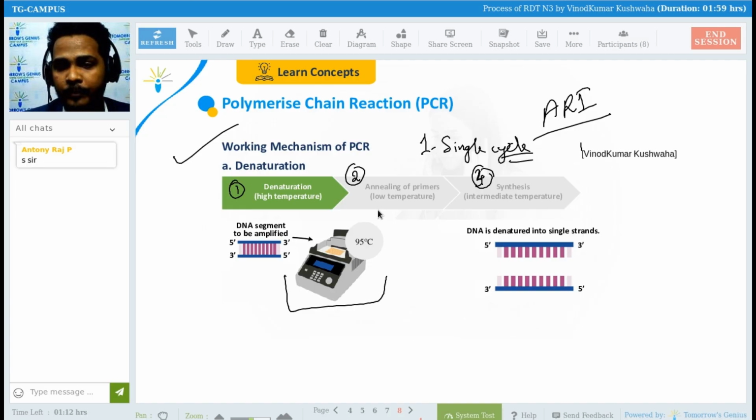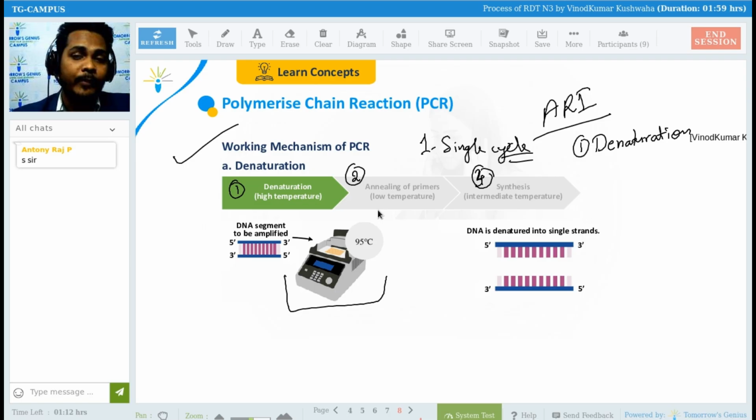Please always remember, sometimes in NEET exams they ask about the sequence, so you should know it. Is the first step denaturation or annealing of primer?